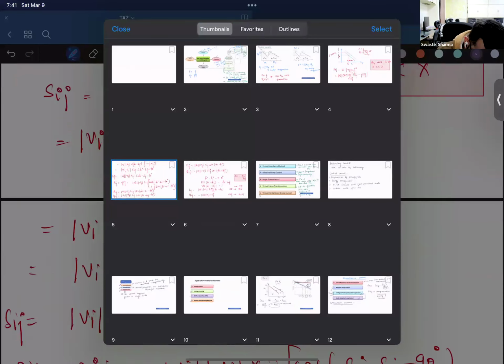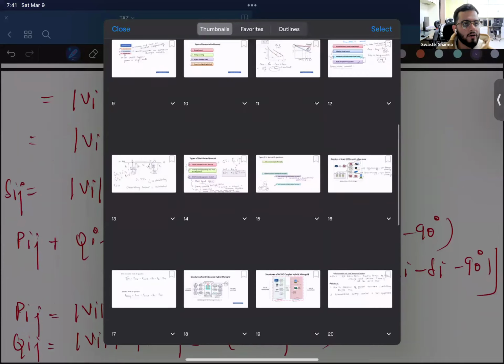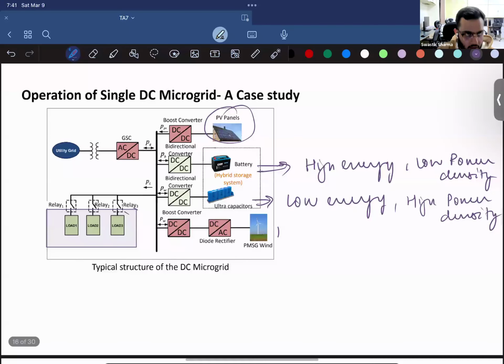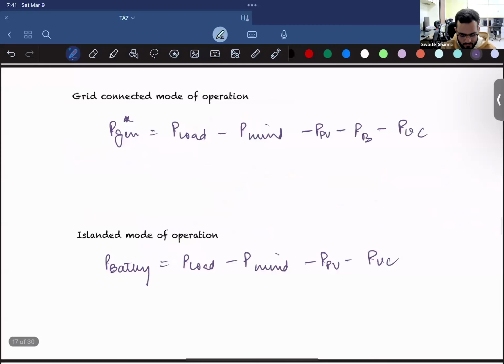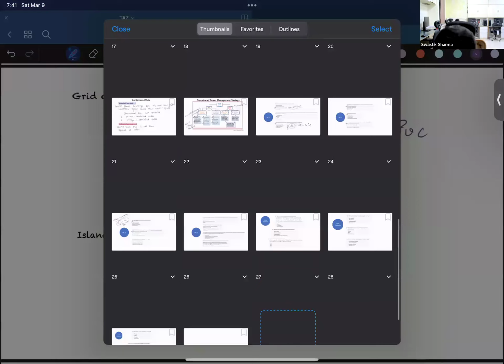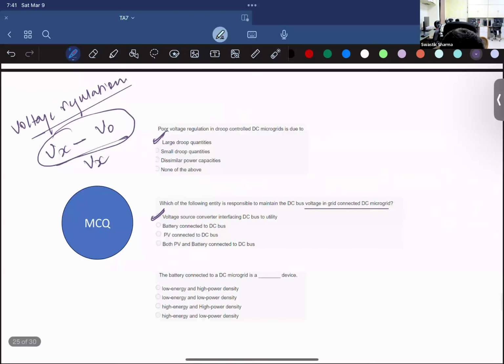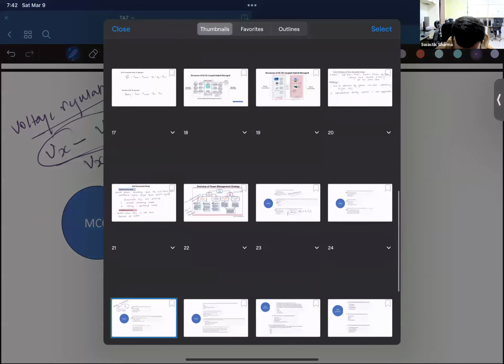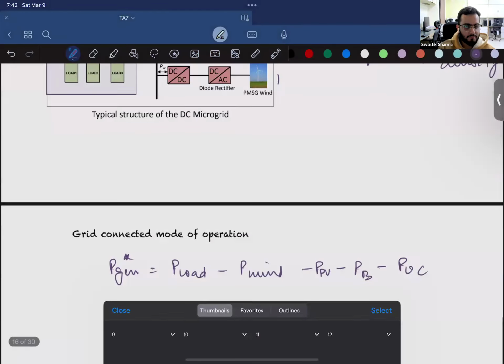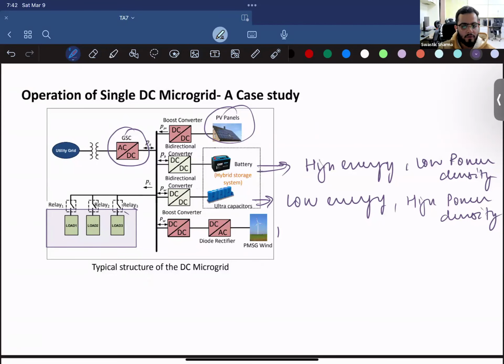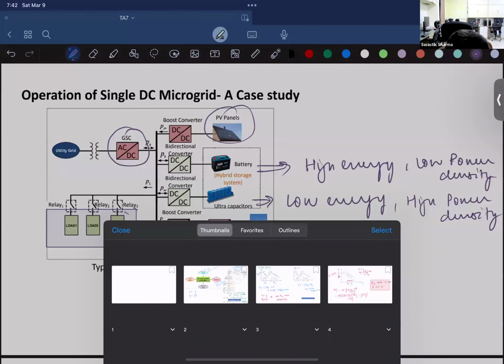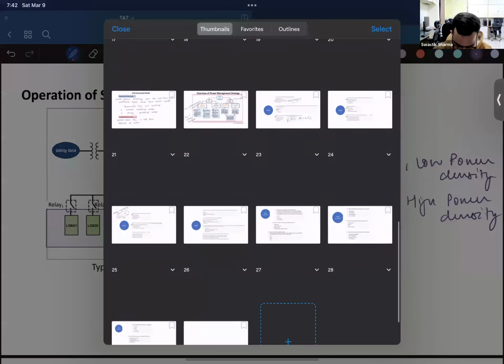Here. So this converter, this grid side converter called GSC, is used to control the voltage of your DC bus. So this is used to maintain the DC voltage by working in tandem with how your utility grid conditions are. If your utility grid conditions permit, this extracts power in such a way that your DC bus voltage is regulated. So that's the job of your voltage source converter connected at your DC bus.